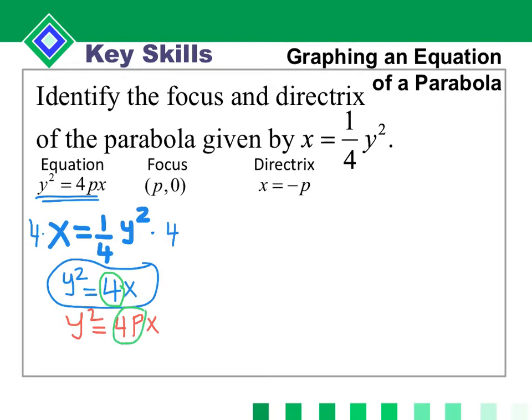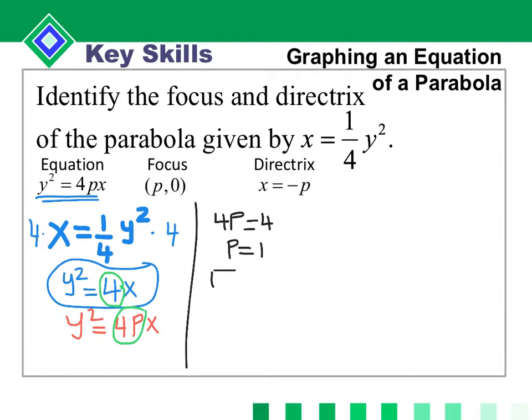Since they are equal, I can write 4p equals 4. So p equals, if I divide both sides by 4, 1.